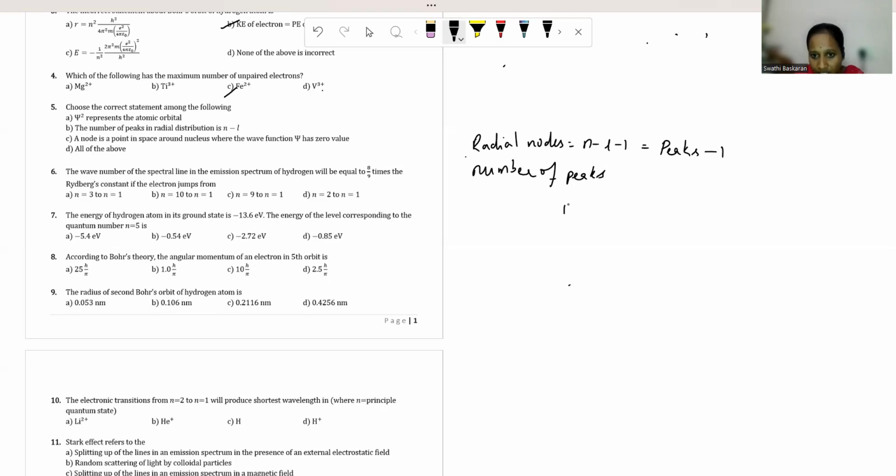Now equating, you will get n minus L minus 1, which is equal to number of peaks minus 1.